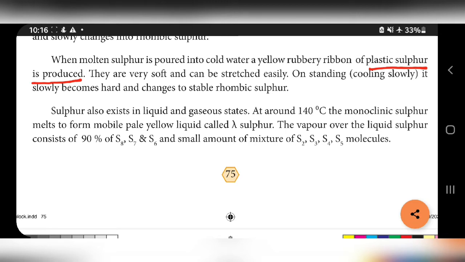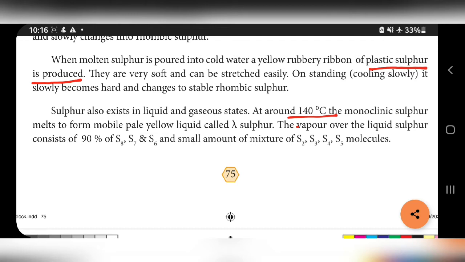Sulfur also exists in liquid and gaseous state. At around 140 degrees Celsius, monoclinic sulfur melts to form a mobile pale yellow liquid that is called lambda sulfur. Already we know about alpha, beta and gamma sulfur.